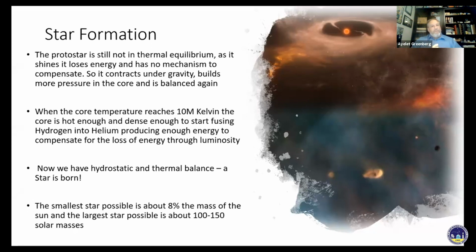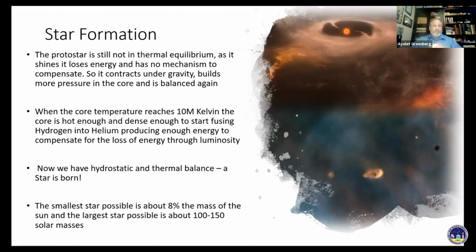But the reason we can't make them any bigger, even theoretically, is that if you go to a star that is significantly bigger, the intense amount of radiation created in the core, even in the protostar phase, will be so intense that it will simply shred the star apart and move all the material away, and you will never create a stable enough core to sustain nuclear fusion. So those are the reasons we have these lower and upper limits. You can't go bigger than 100 to 150 times. You can't really go smaller than about 8% the mass of the sun.